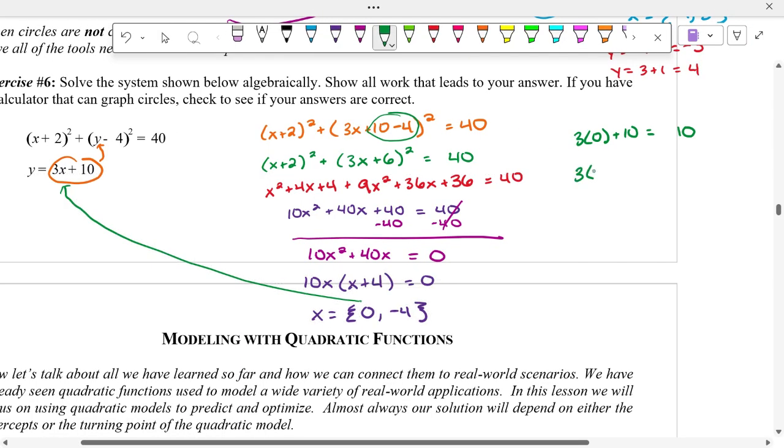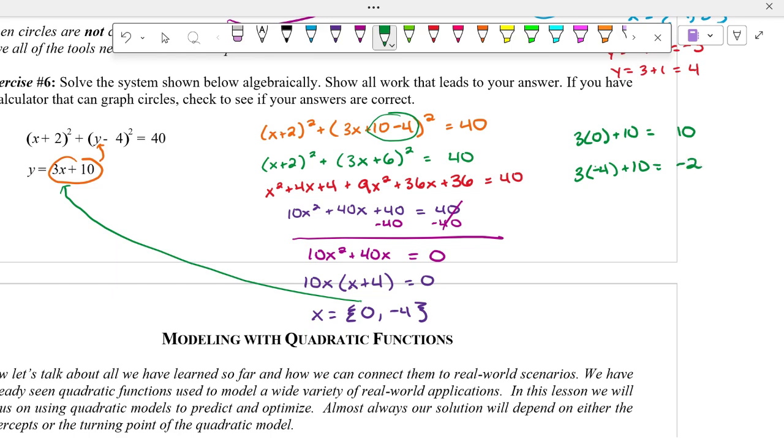Then 3 times negative 4 plus 10. 3 times negative 4 is negative 12, plus 10 is negative 2. So these are our two y values. So our system would be the point x, y for the 2 points, negative 4, negative 2, and 0, 10.